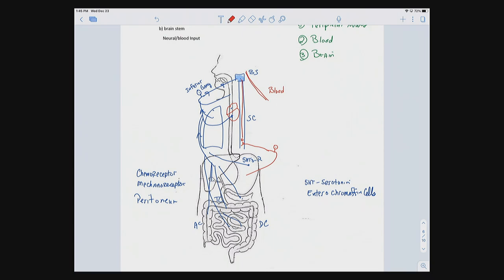They're going to be innervating these organs here. And these nerves are called splanchnic nerves.